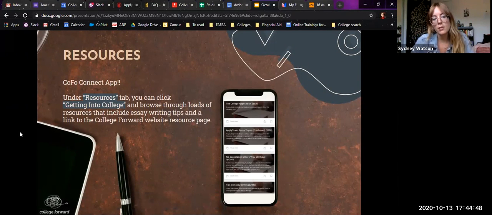Under the resources tab, you can click Getting into College and browse through a lot of resources that include essay writing tips and a link to the College Forward resource page that we just mentioned. COFO Connect is also a great place to find scholarship opportunities and a lot of other resources on the whole application process.